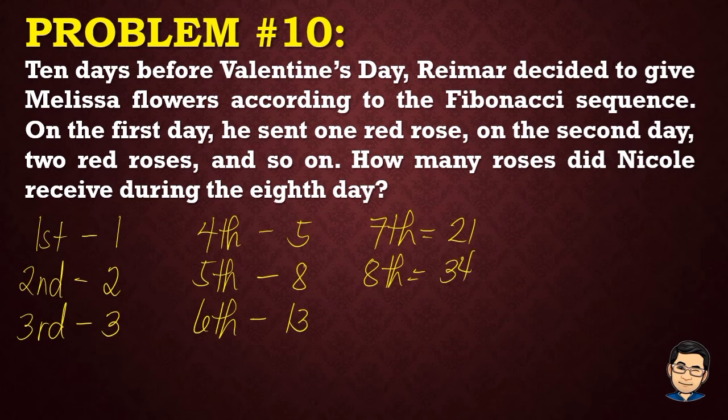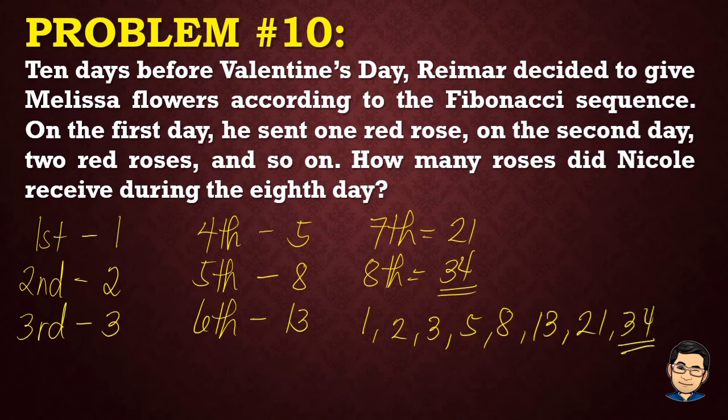It means 34 red roses ang matatanggap ni Melissa during the 8th day. So, i-summarize lang natin yung mga na-receive niyang roses. So, ito, 1, 2, 3, 5, 8, 13, 21, and then 34. So, again, 34 red roses ang na-receive ni Melissa during the 8th day from Reimar.